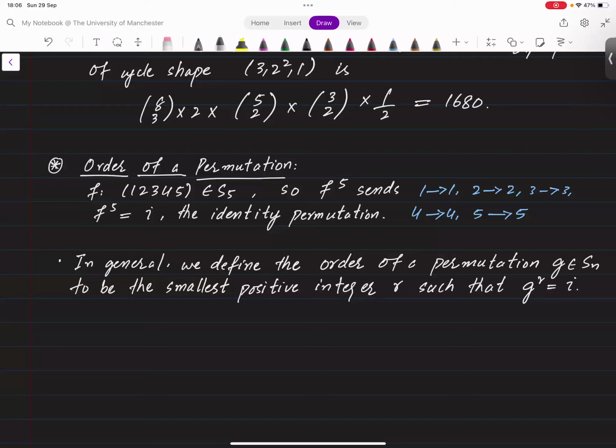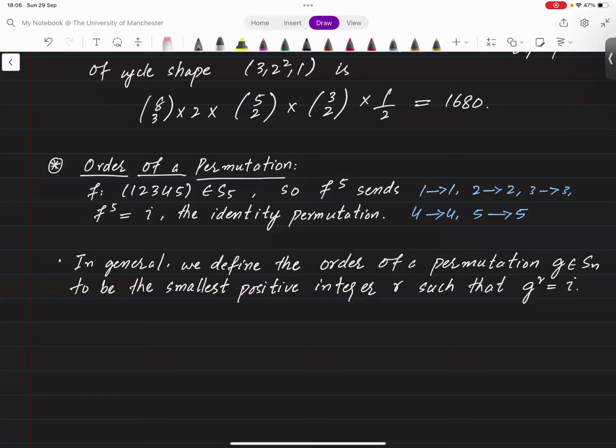Now, orders of permutations are easy to work out using the cycle notation. We saw above that the order of a 5-cycle is 5. Similarly, for any positive integer R, the order of an R-cycle is R. An R-cycle just means a cycle of length R, right?